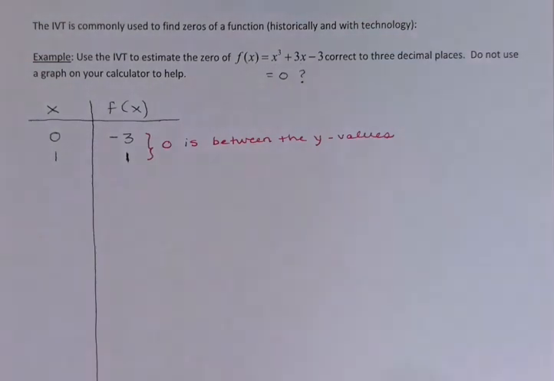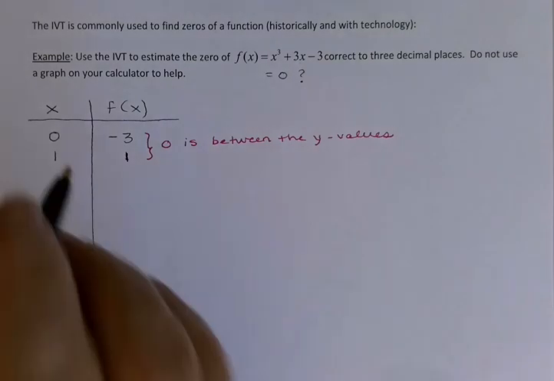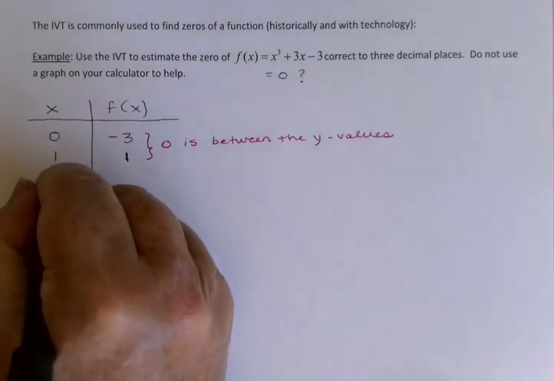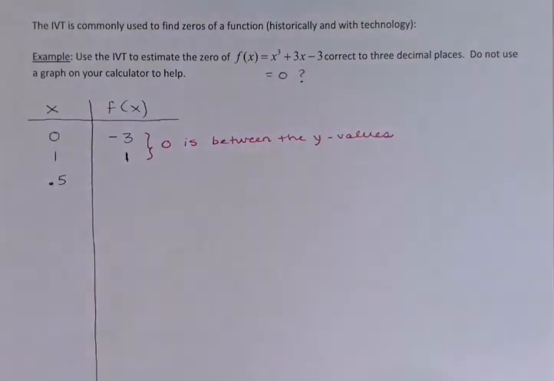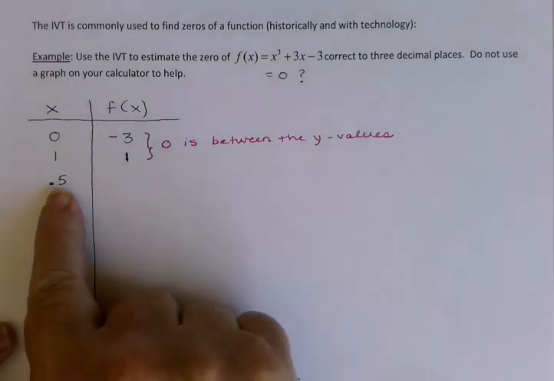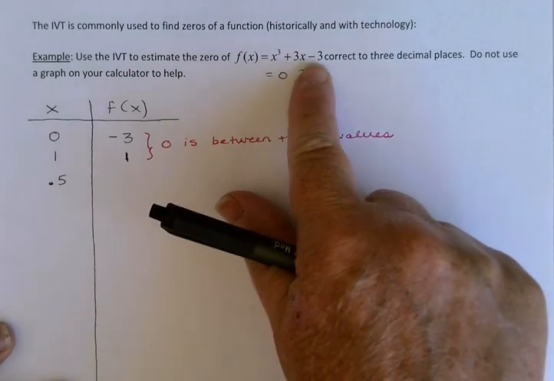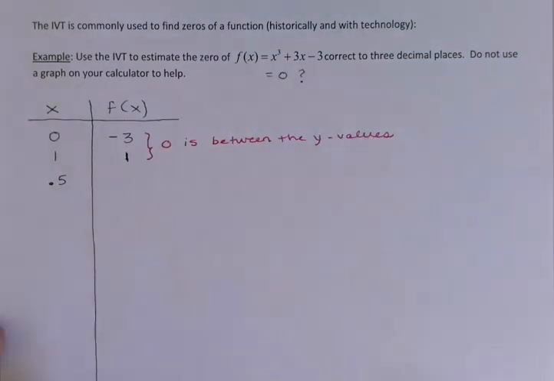So far, what I know is that the actual x value that I want is going to have to be somewhere between 0 and 1. So let's just pick a number between 0 and 1. Like 0.5, for example, might be convenient. The next thing I would do is plug 0.5 into this function and find the y value.